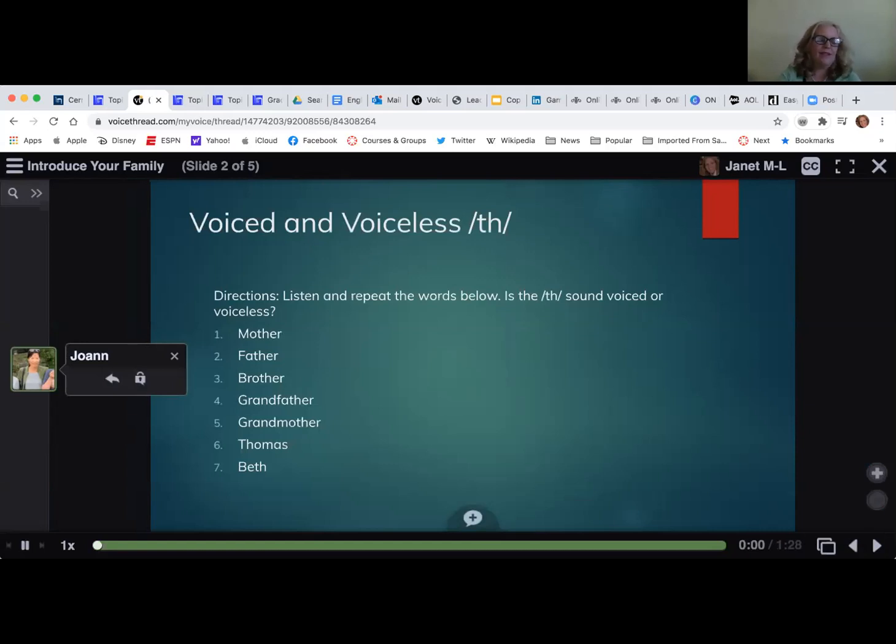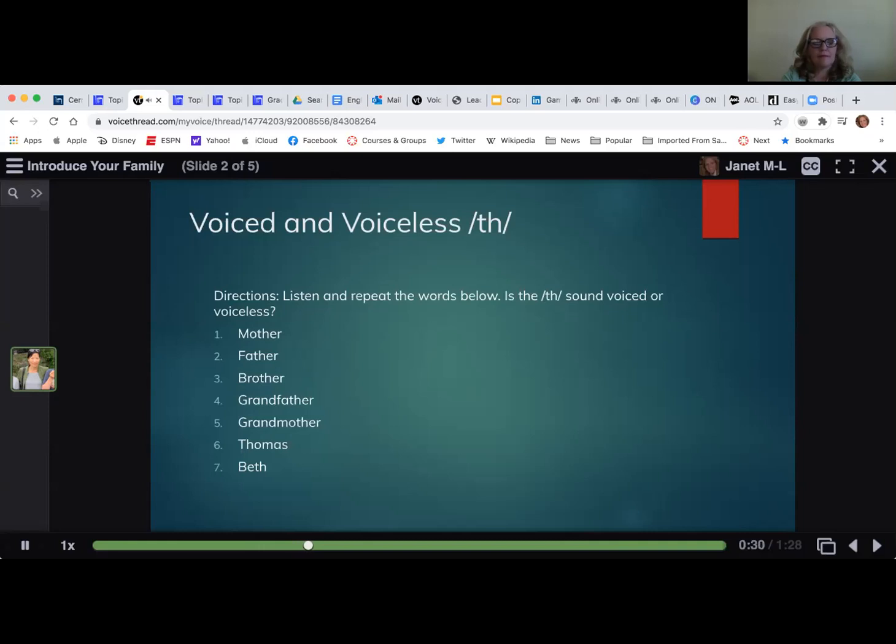Before you introduce your family, I'd like to go over a couple of words that have TH in them. I'm going to say the words, repeat after me, and then I want you to figure out if the words have a voiced TH sound or a voiceless TH sound. Remember that when you're pronouncing a voiced TH, if you put your hand on your throat, you're going to feel it vibrate.